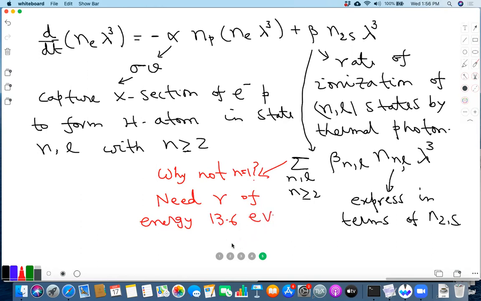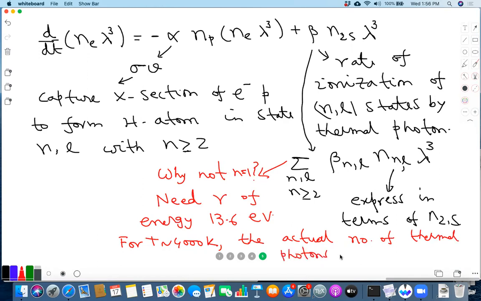And we have seen in the last class that for T equal to 4000 K, the actual number of thermal photons with this energy, E equal to 13.6 electron volt, per electron is very small.